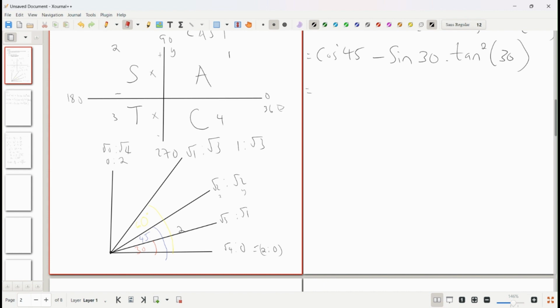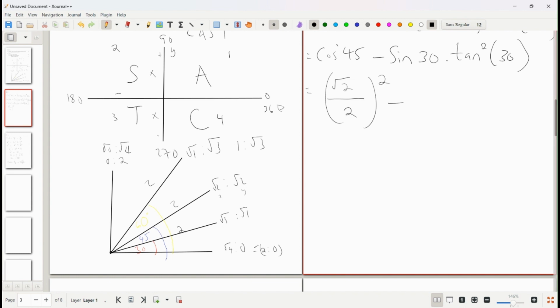What is your adjacent here? It's square root 2, right? Square root 2 divided by the hypotenuse, which is 2. Remember, the r is always 2, right? And don't forget we square here. The cos 45 is being squared.